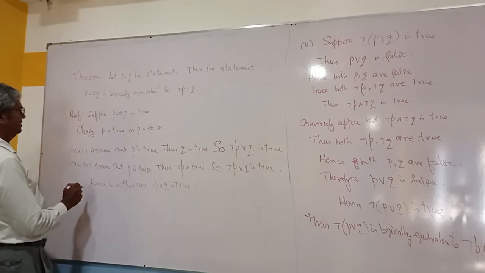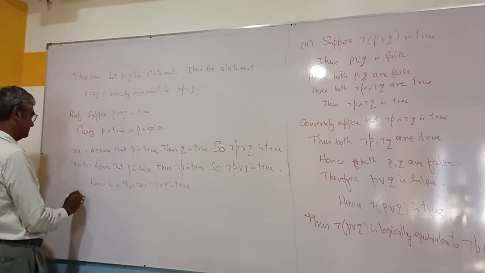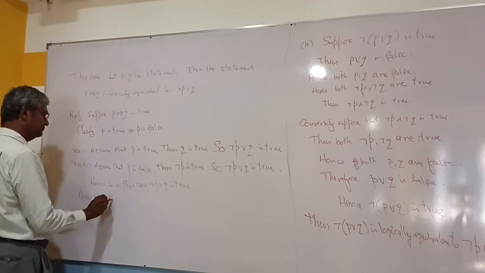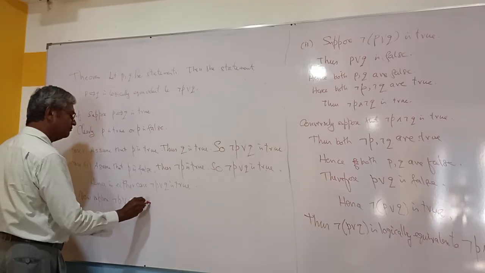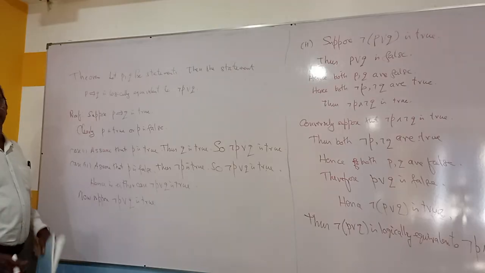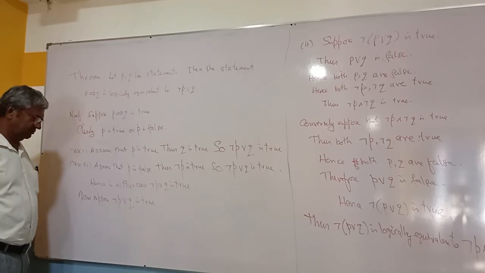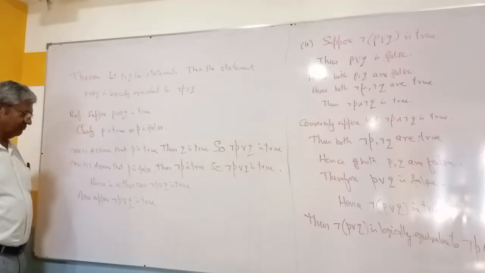Now, first you say, now suppose. Suppose not P or Q is true. Okay? Clearly, not P is true or Q is true.